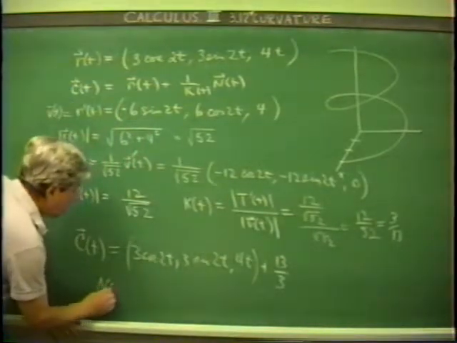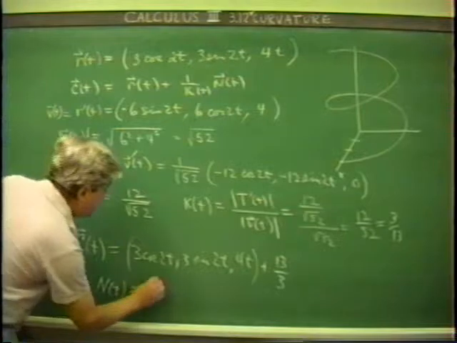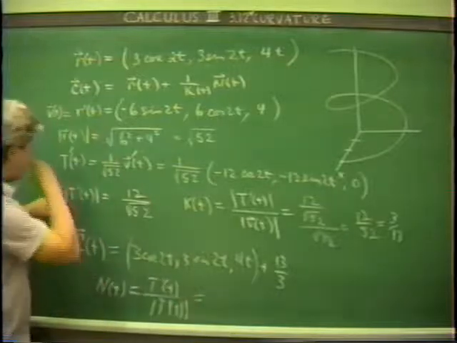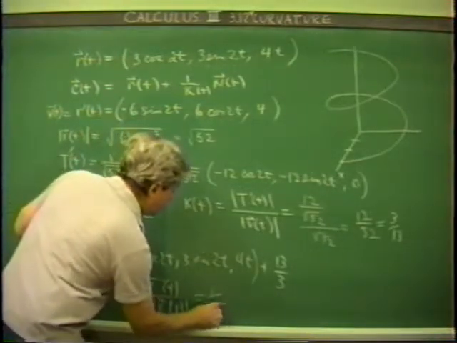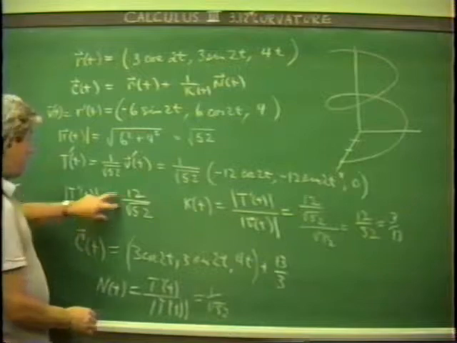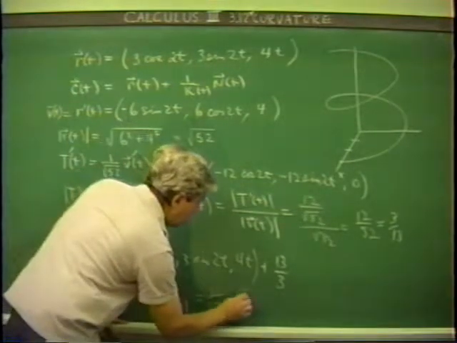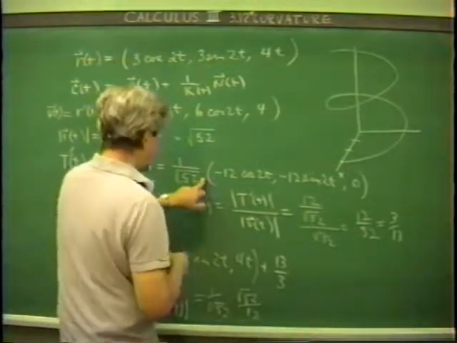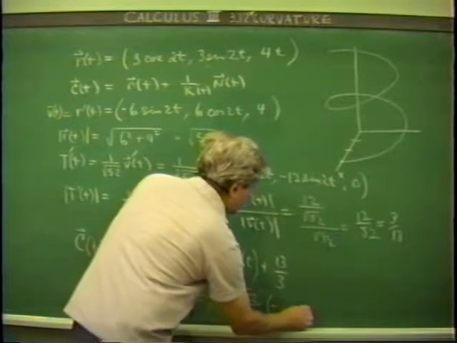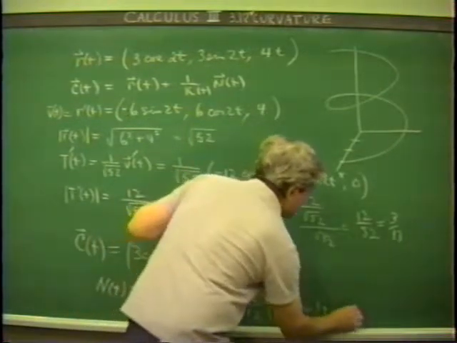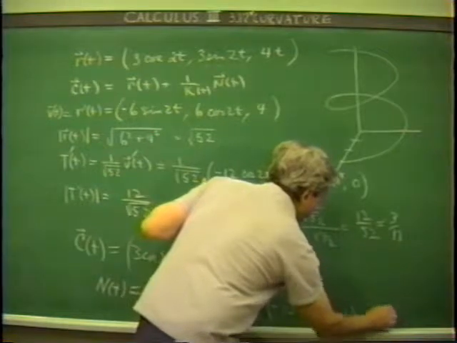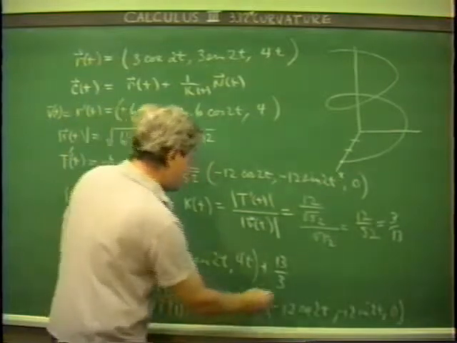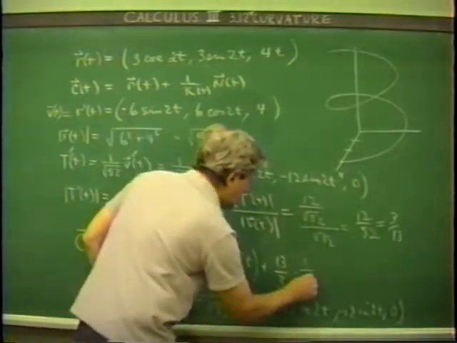N of t is t prime of t over magnitude t prime of t, which is going to be equal to 1 over square root 52 divided by square root 52 over 12, times minus 12 cosine 2t, minus 12 sine 2t, 0.